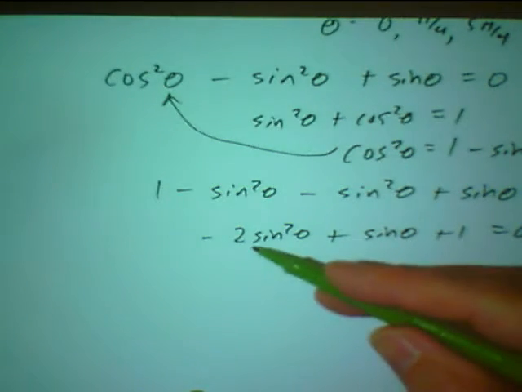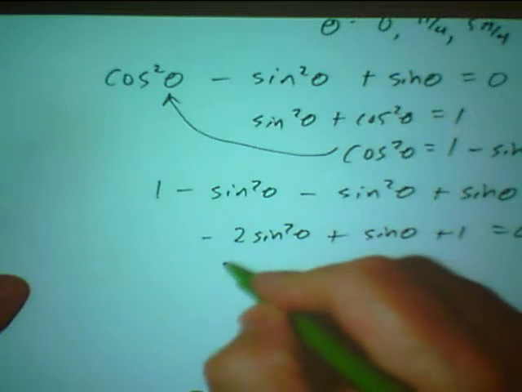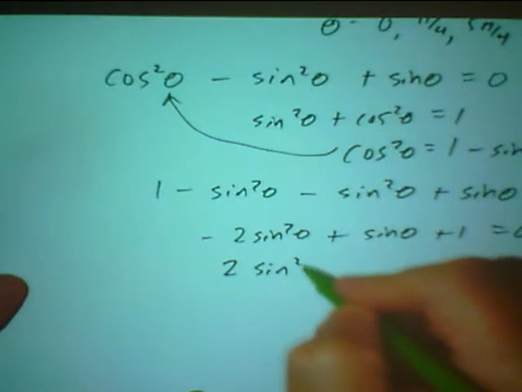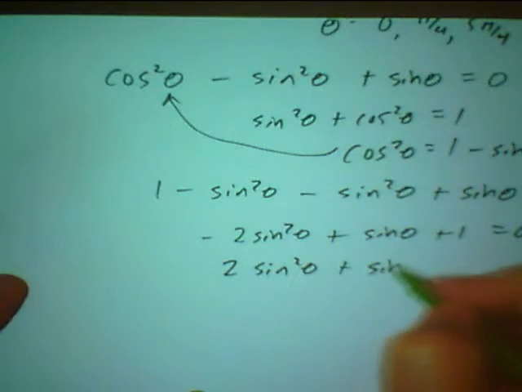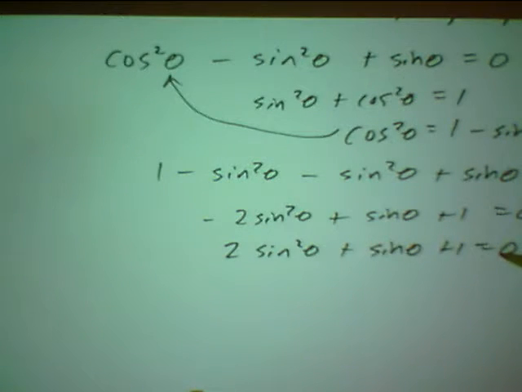And actually I don't like having this negative sign on my first term, so let's multiply both sides by negative 1. And you know what this is? This is sort of like a trinomial, like a quadratic equation.